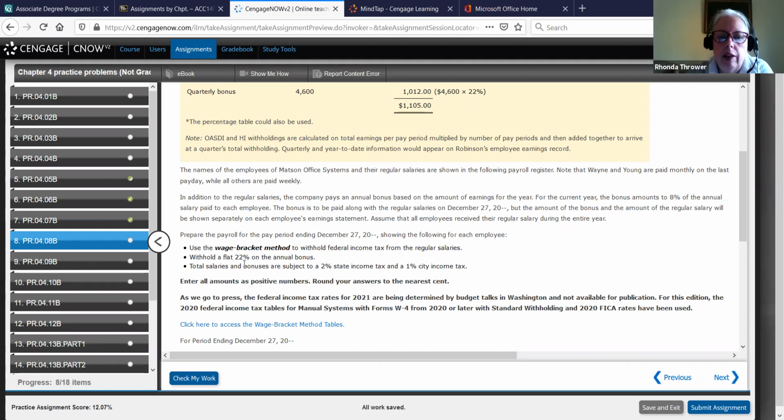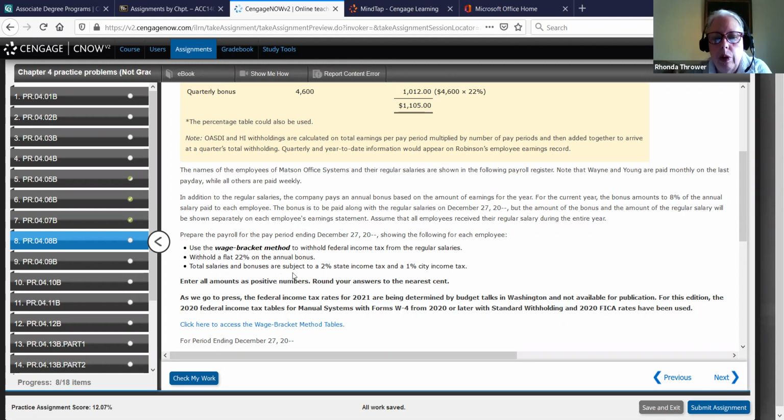But they didn't do that. They separated the bonus from the salaries. And so the bonus is going with method B, where they're getting a flat 22% tax rate on the annual bonus. What I mean by flat tax rate is that we'll just take the amount of the bonus and multiply it by 22%, and that's how they'll come up with the federal income taxes.